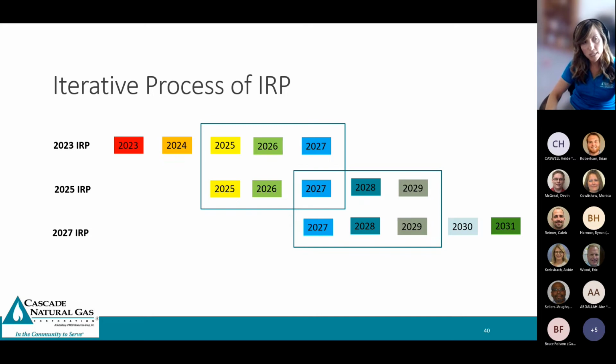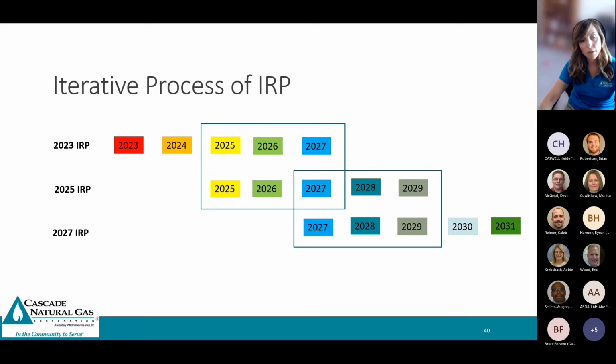Kind of our process is, we're constantly looking at our system and proposing these enhancements or reinforcements to address deficits, with the goal of picking the best long-term solutions to address the deficit when it needs to be addressed, making sure the timing is correct. With the IRP, every 2 years we do this, so you'll see this overlap, which is what this slide is showing.